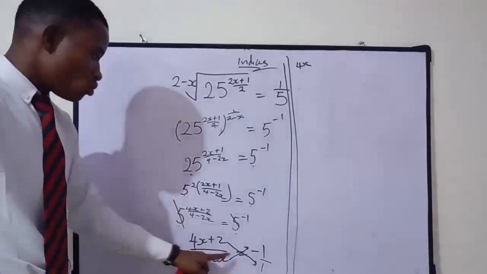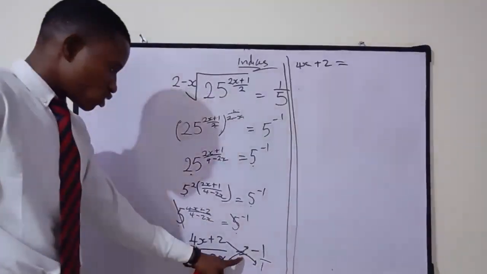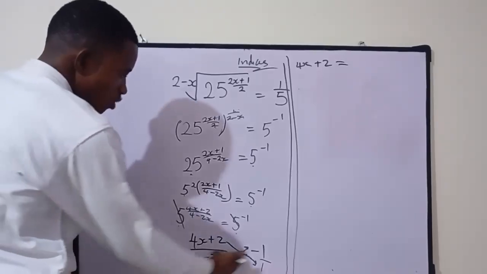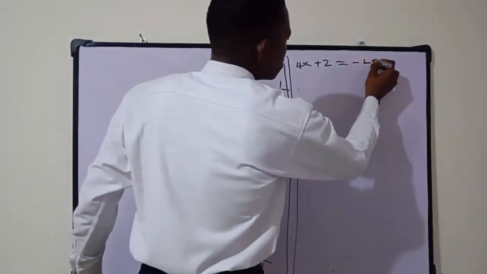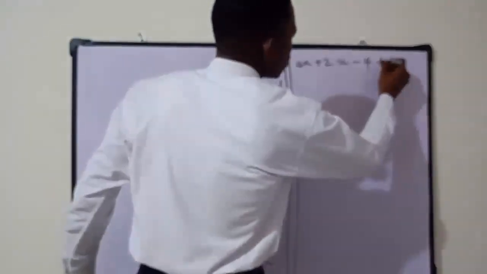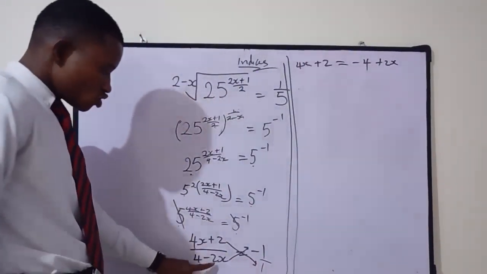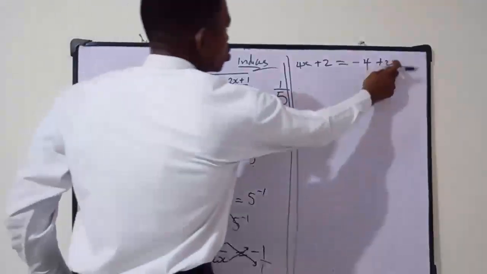We see our 2 multiplied by 1, that gives us 2 plus 2 is equals to, this equality sign here, 4 multiplied by negative 1, that gives us negative 4. Negative 2x multiplied by negative 1, that gives us positive 2x. Because we have negative multiplied by negative is positive, 2x multiplied by 1 is 2x.